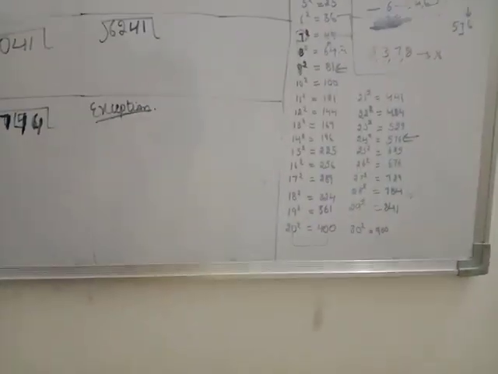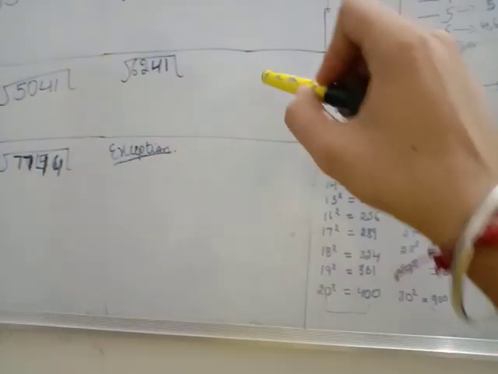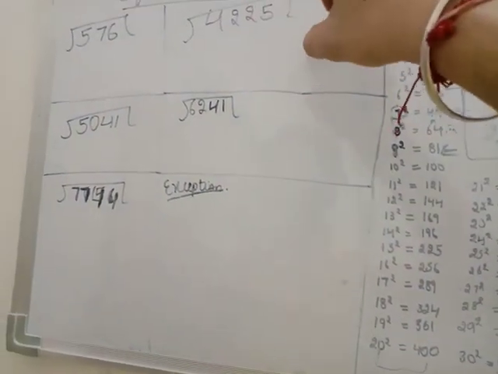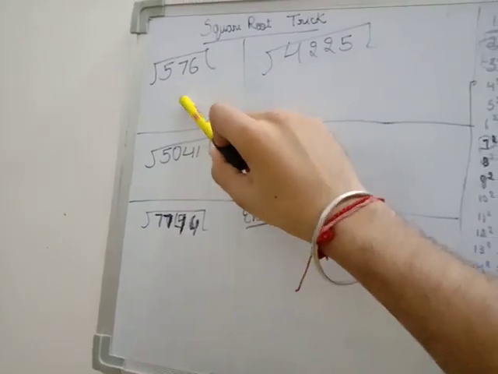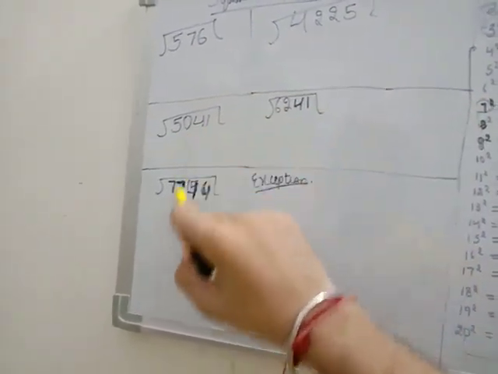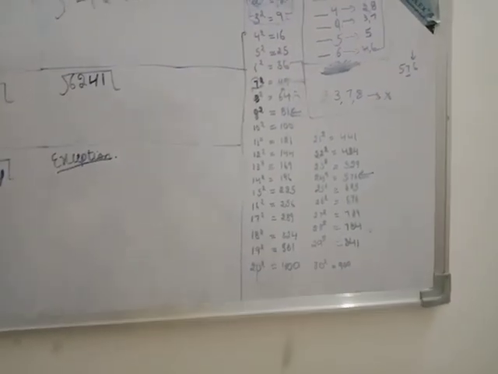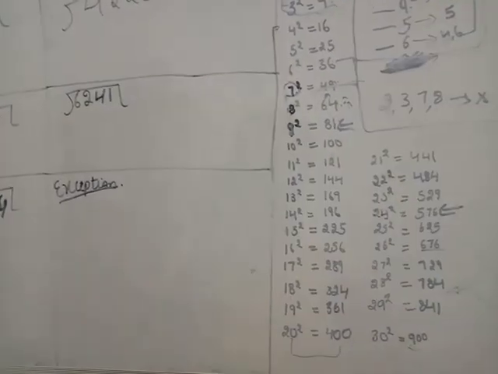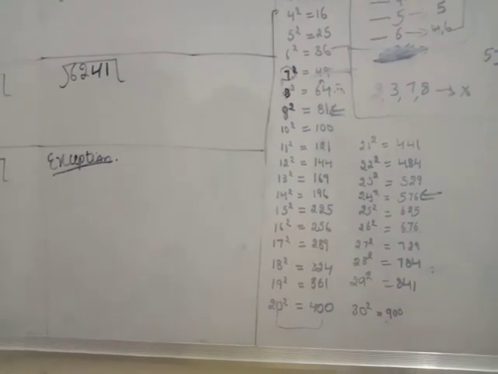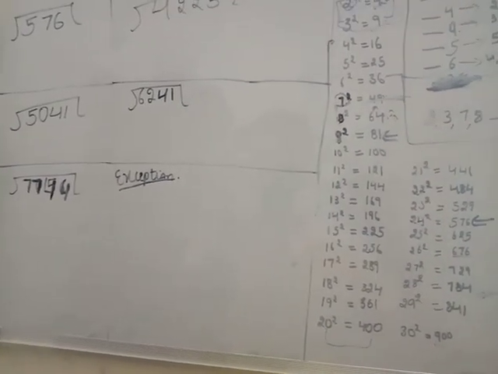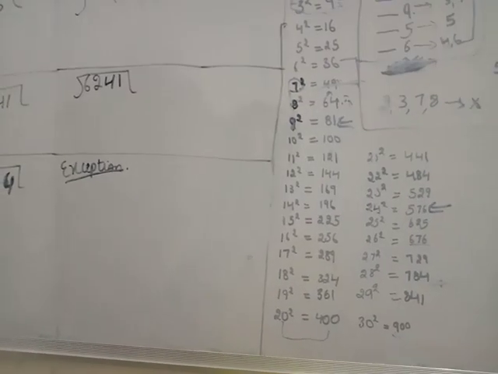Got it? So when you are going to find the square root of a given number, I have written here examples like 576, 4225, 6241, 5041, 7744, and so on. This is the trick with which you will find the perfect square root.